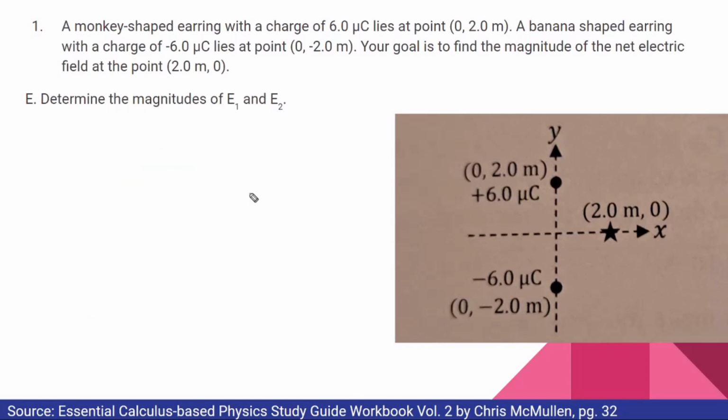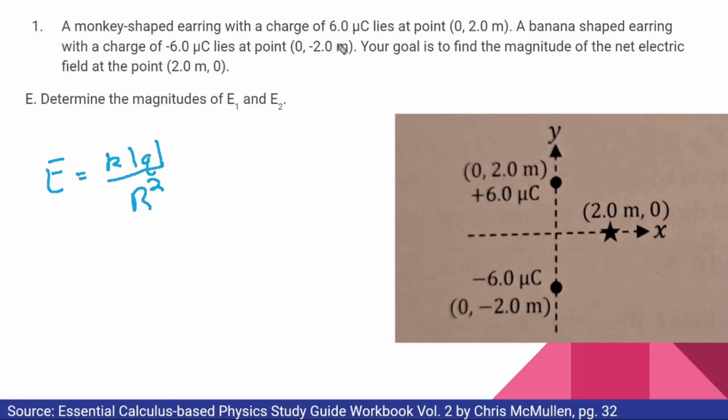Alright, determine the magnitudes of E1 and E2. In order to determine the magnitudes, we are going to be using the equation E is equal to K, the absolute value of the charge, divided by the distance squared.